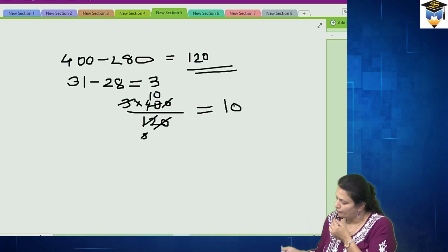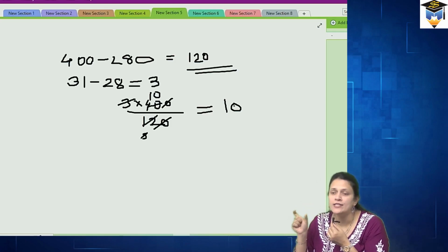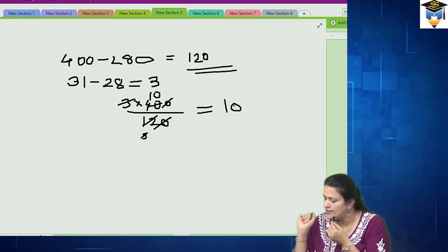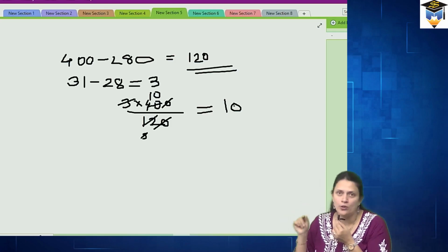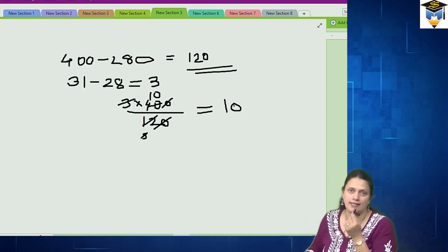If the perimeter of the triangle is at least 59 centimeters, what is the meaning of at least 59? Minimum will be 59, it can be more than 59 also. So what is the length of the shortest side? A, less than 7 centimeters; B, greater than or equal to 7 centimeters; C, less than 9 centimeters; and D, greater than or equal to 9 centimeters.